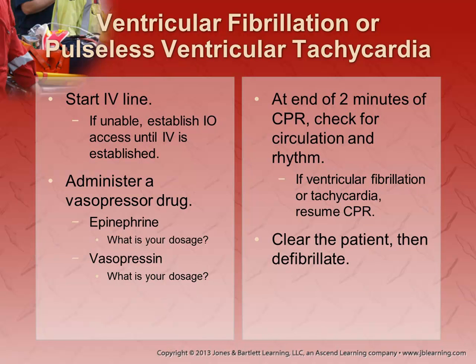Or vasopressin, right? Your first or second dose. And what's its dosage? 40 units. How often do we give epi? 3 to 5.